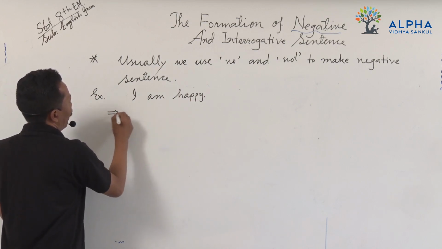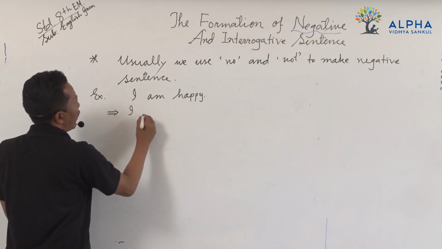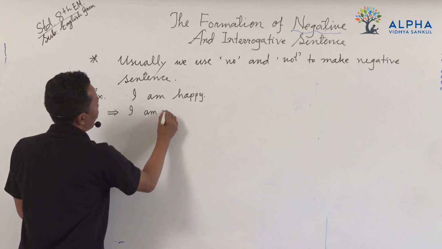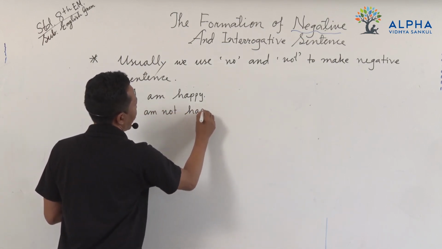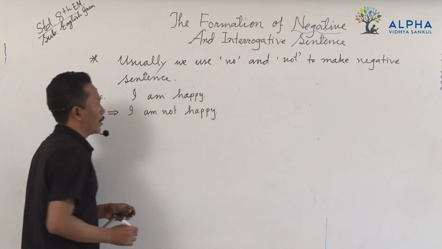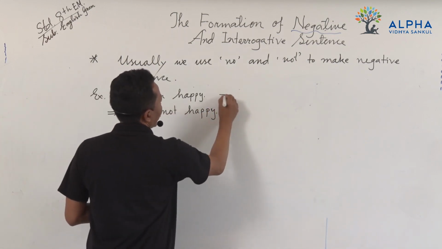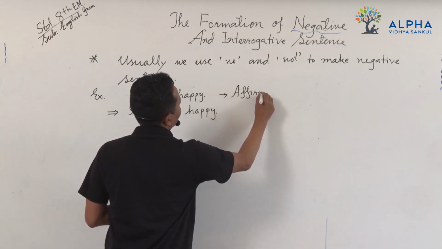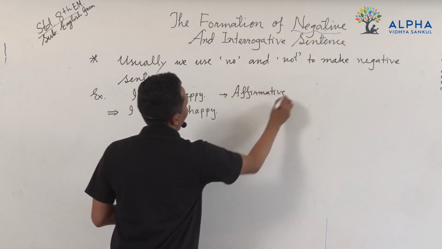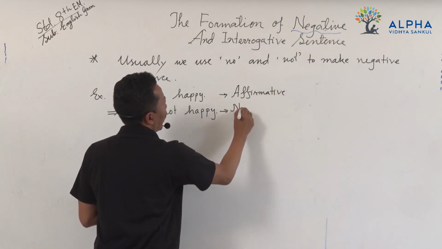If we want to make a negative sentence: I am not happy. And this is what? This is affirmative. And this is negative.